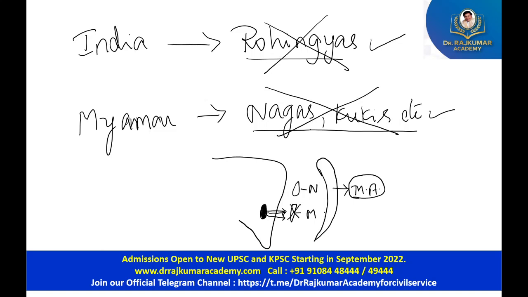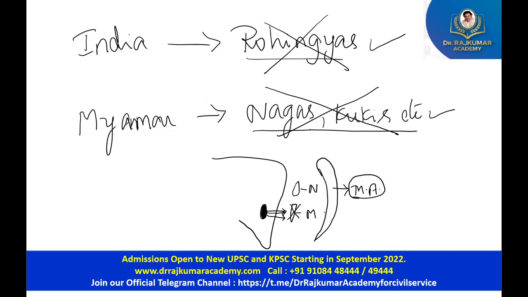So, what has the Indian government done? Mostly, the Indian government is not supporting Rohingyas openly, but the Indian government is actually trying to protect Rohingyas by not sending people back.